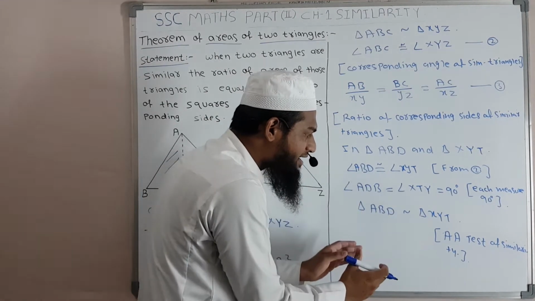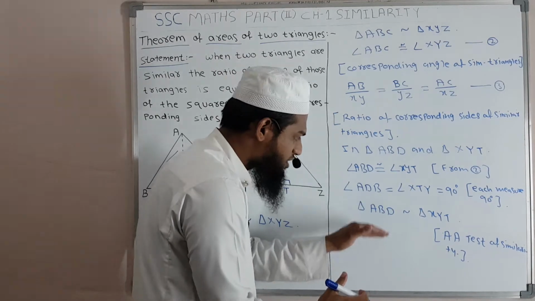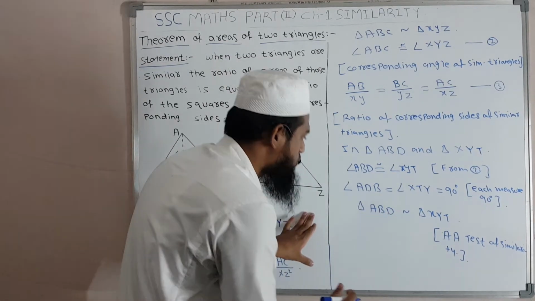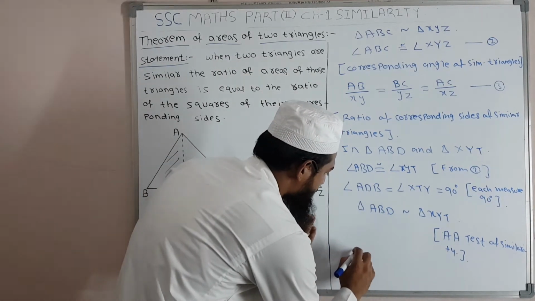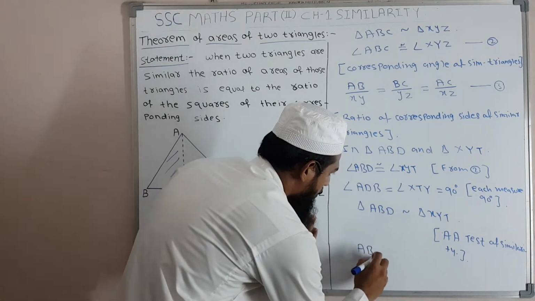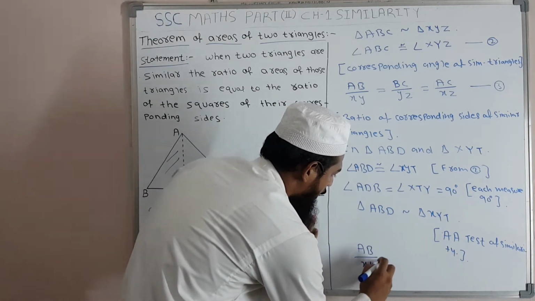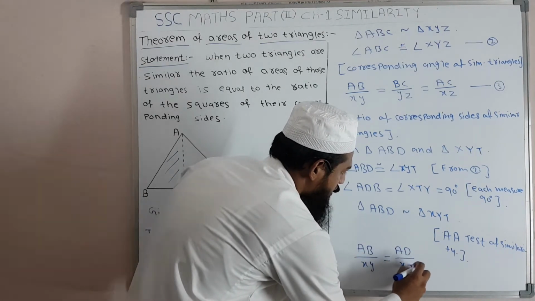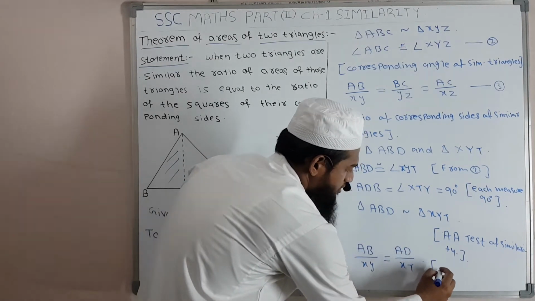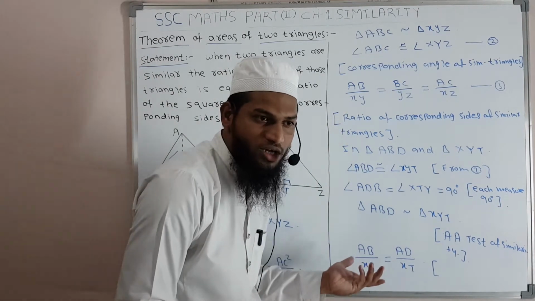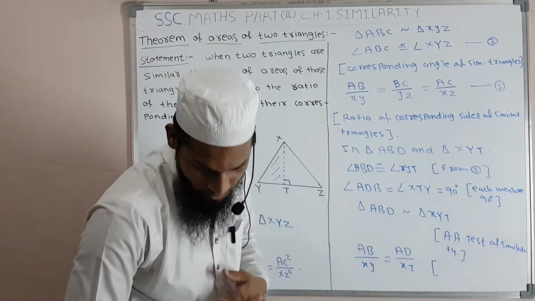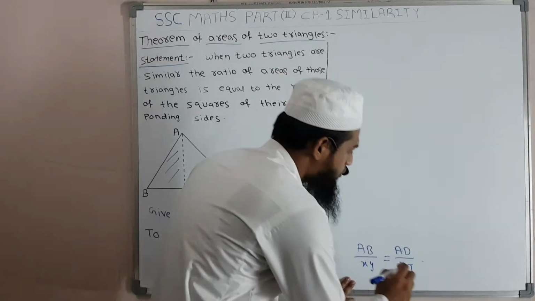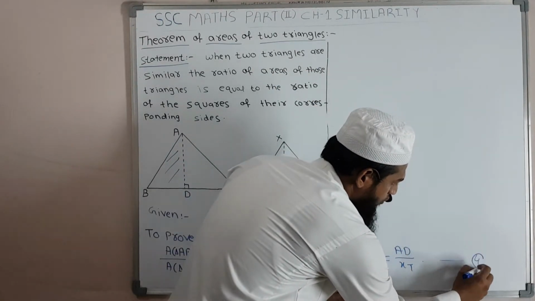Now I can write the corresponding sides of these two triangles. AB upon XY is equal to AD upon XT. What is the reason? The corresponding sides of similar triangles. Students, this is equation number 4.